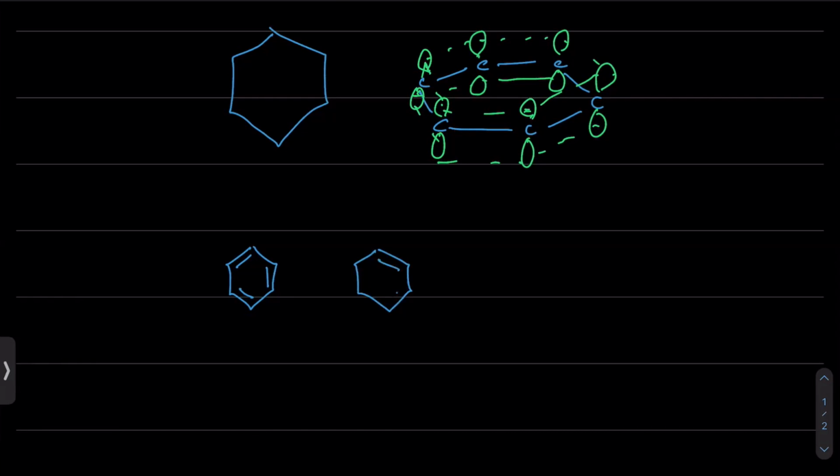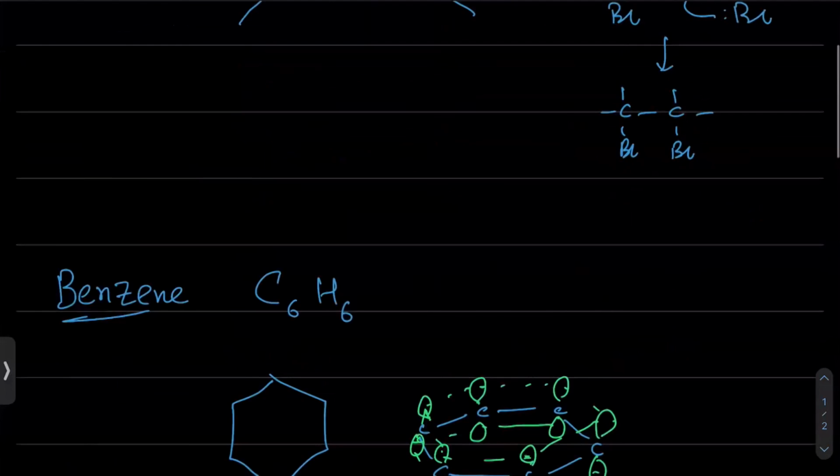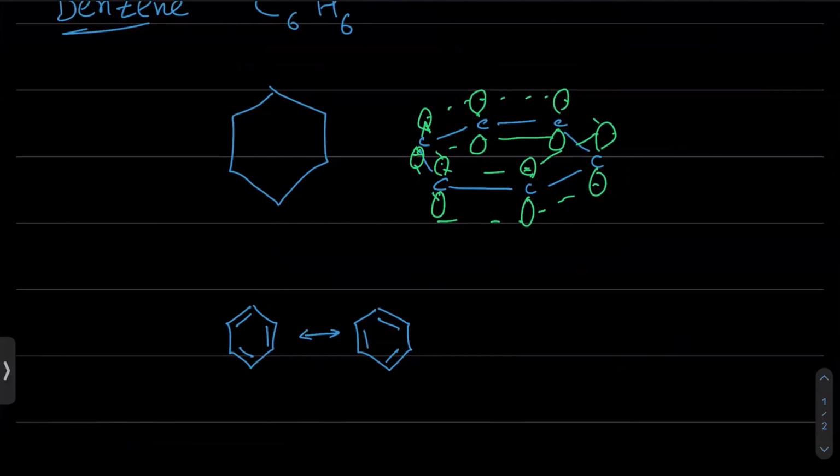So it goes here, here, and here, and that is how the benzene ring forms. But if you do practical measurement of the bonds, it turns out that because of this resonance, it's not the case that a single bond is longer and a double bond is shorter, which is usually the case. Even in alkenes, the double bond is always shorter than the single bonds between carbon and carbon. But that's not the case here.